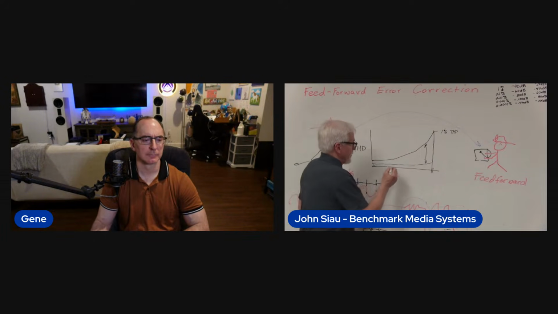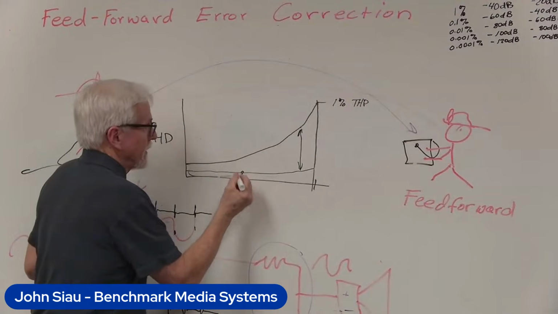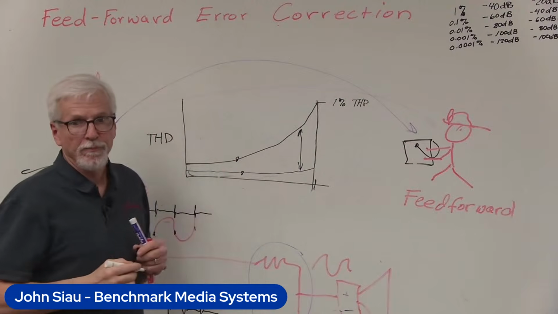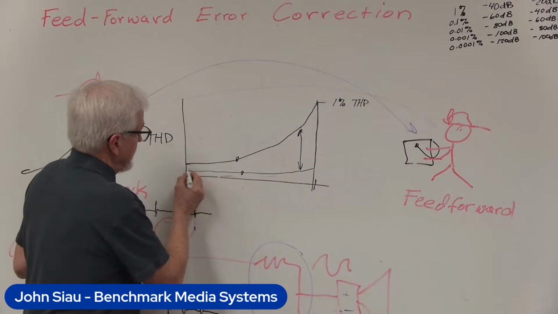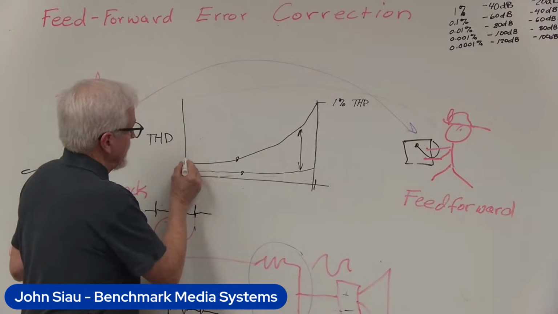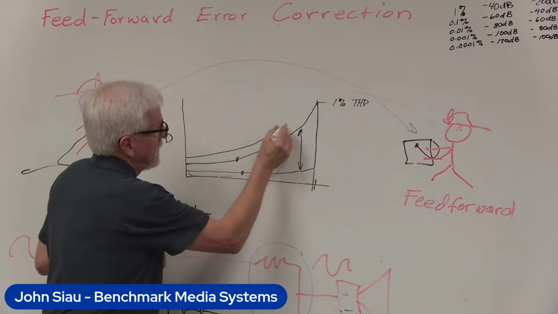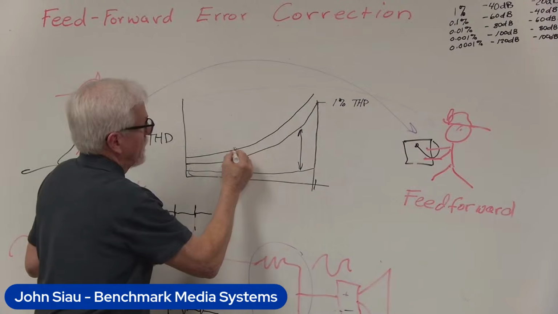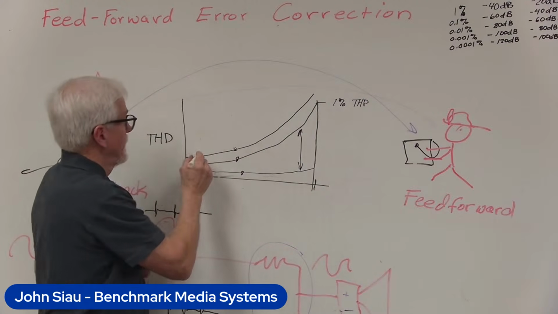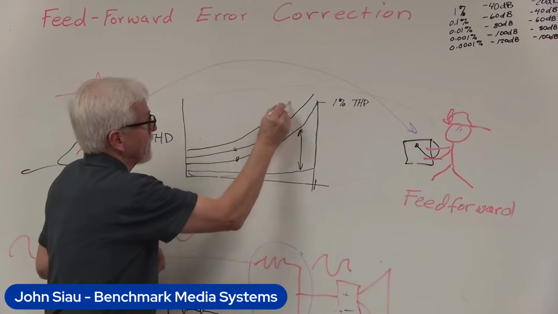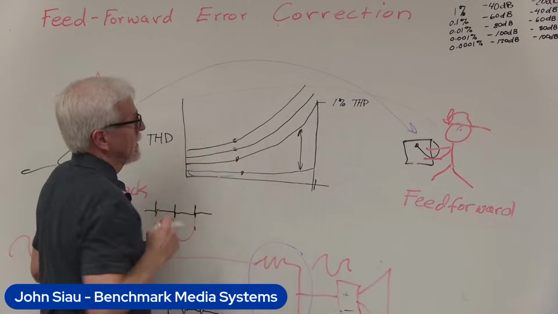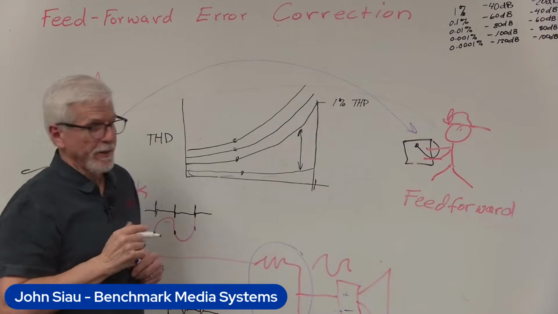The other thing that I should mention is that this curve right here is the 8 ohm curve. If we take a conventional amplifier and go to 4 ohms, we end up with a curve that's higher. And if we go to 2 ohms, if the amplifier can do 2 ohms, it gets even higher.